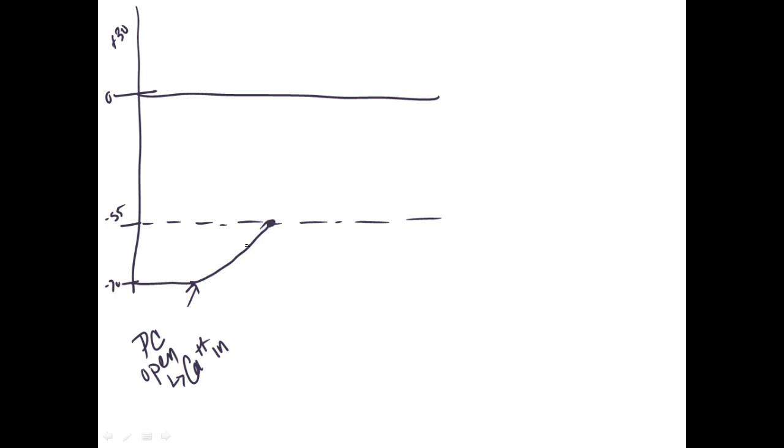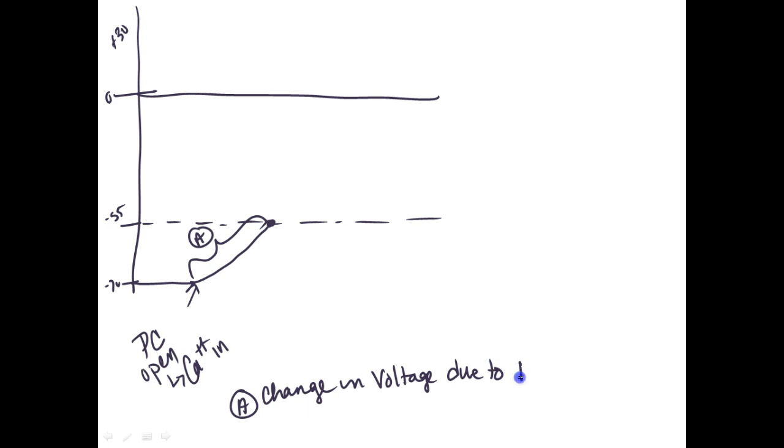Now, a new term that you're going to learn is this change in voltage. Go ahead and write this down. This change in voltage that is due to the pacemaker channels is referred to as your pacemaker potential.